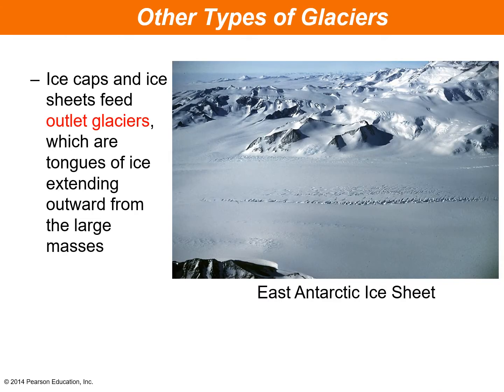So I'm going to talk about a couple other types of glaciers before I move on to describe some of the ways in which glaciers impact the rock cycle and hydrologic cycle. So ice caps, like you might see in Iceland, and ice sheets, like you might see in Greenland or Antarctica, feed what are known as outlet glaciers, which you can think of as tongues of ice, or a tongue-shaped piece of ice that extends outward from the larger masses, or from the ice caps and ice sheets.